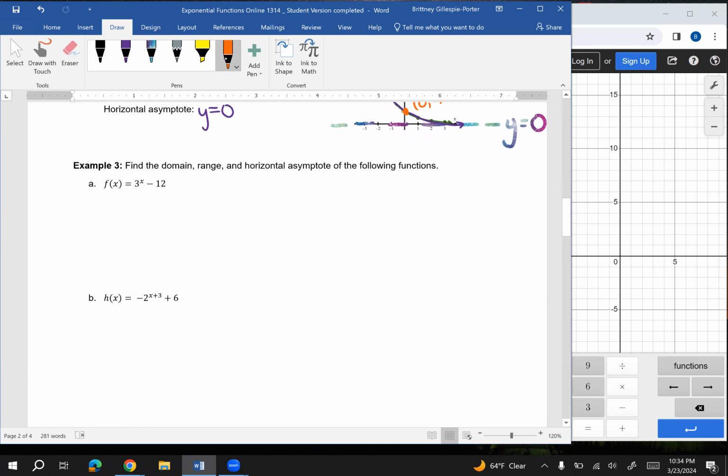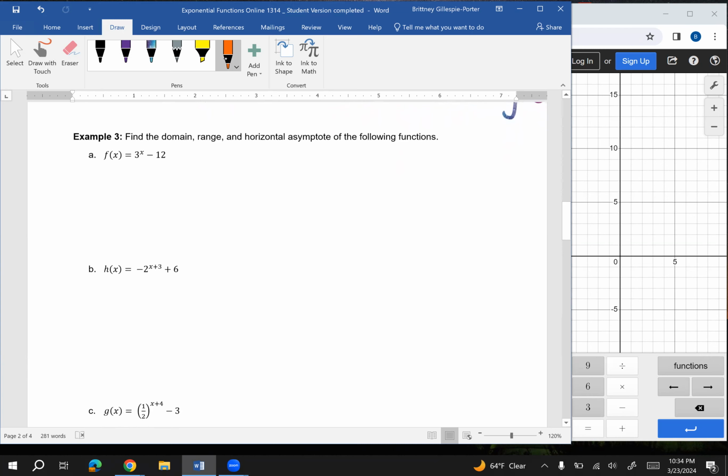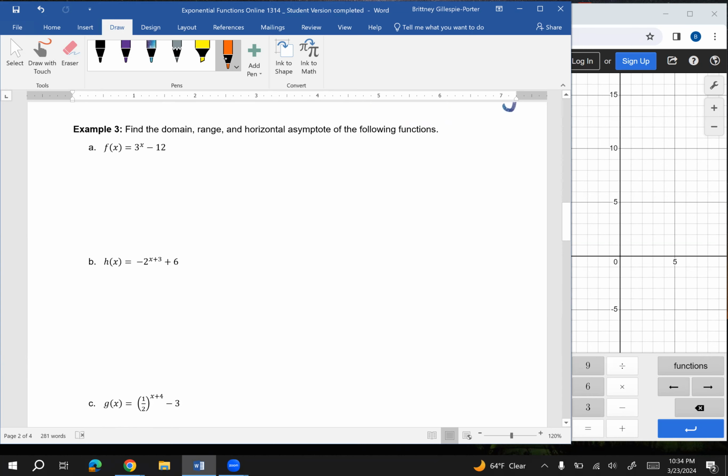It says find the domain, range, and horizontal asymptote for the following functions. We know that our domain for all exponentials is going to be negative infinity to positive infinity all the time. We know that this is an exponential function because the variable is in the exponent.